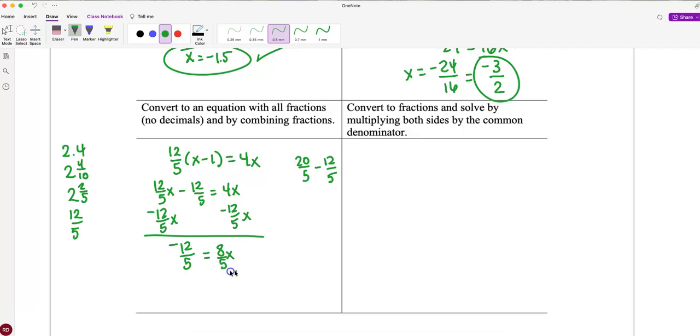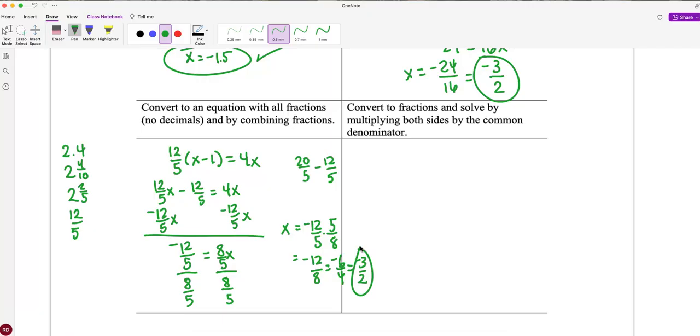I'm going to divide both sides by 8/5. Dividing by 8/5 is multiplying by 5/8. So it's going to be negative 12/5 times 5/8, which is negative 12 over 8, negative 6 over 4, negative 3 over 2. I know that's the right answer.